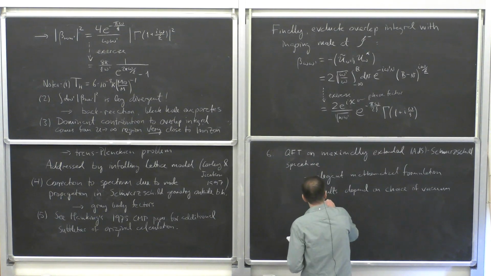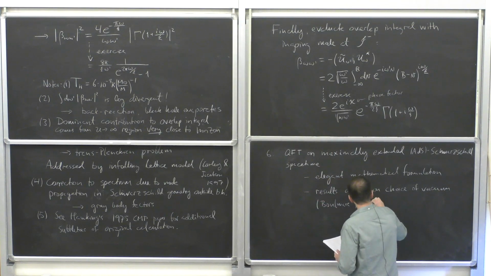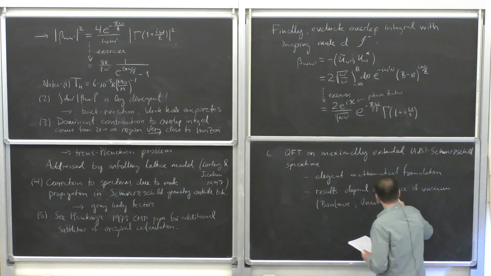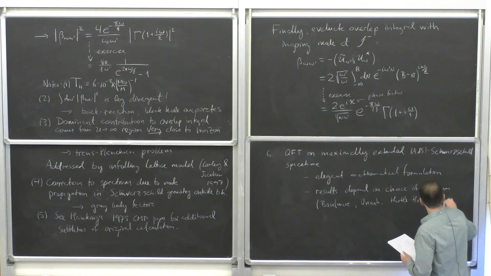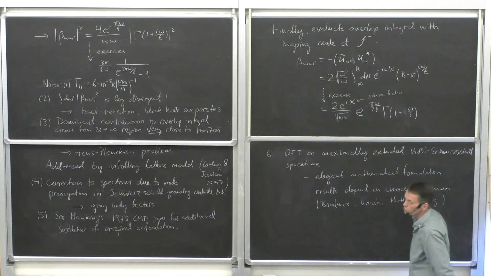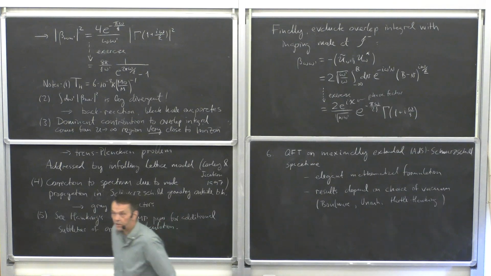There's what's called the Boulware vacuum. There's the Unruh vacuum. And there's the Hartle-Hawking vacuum. In the Boulware vacuum, you're actually just using your Schwarzschild coordinates to define your time evolution.